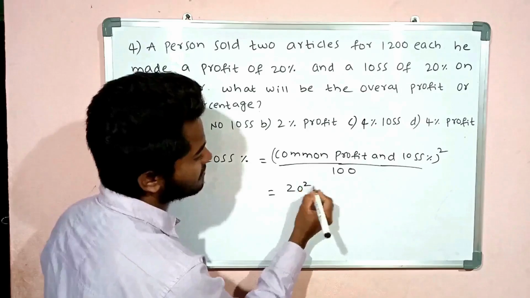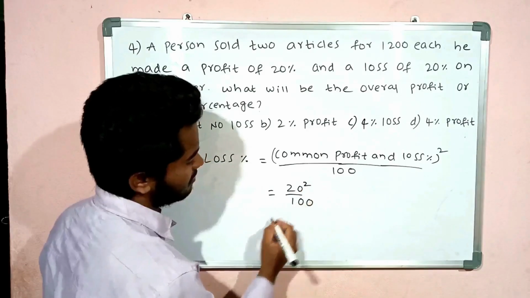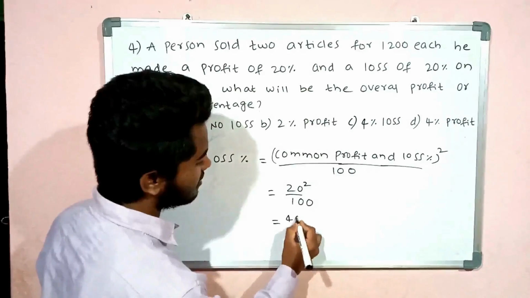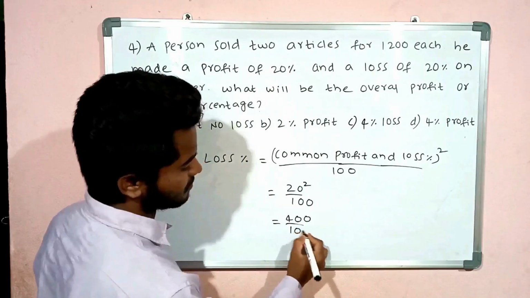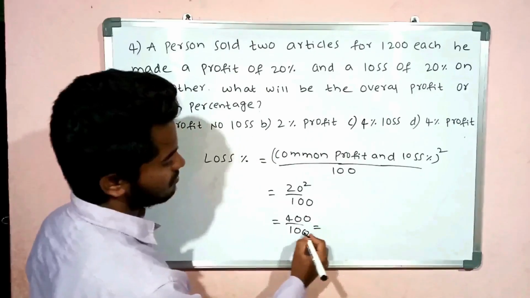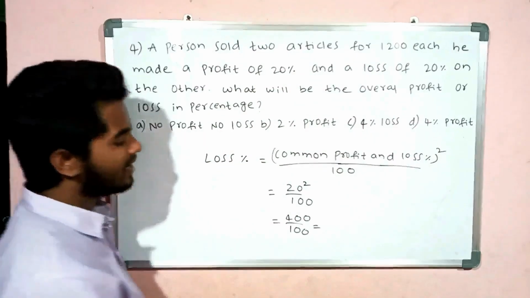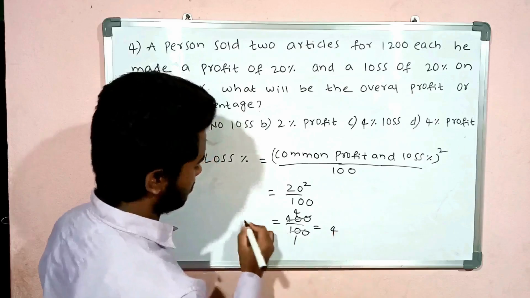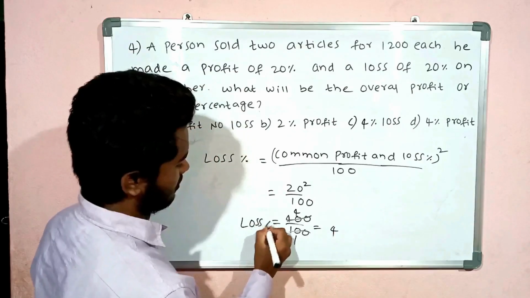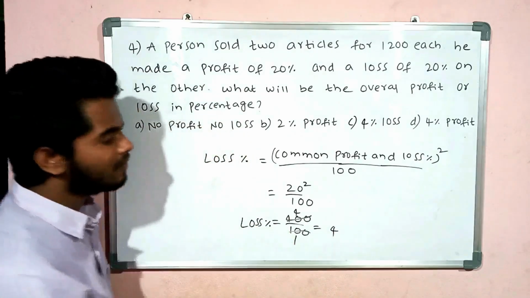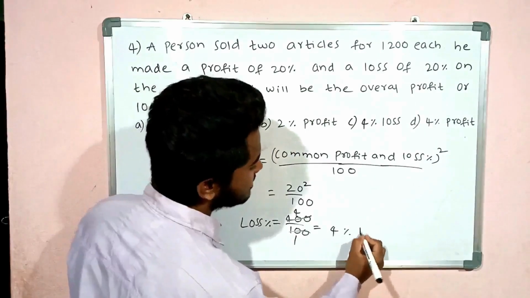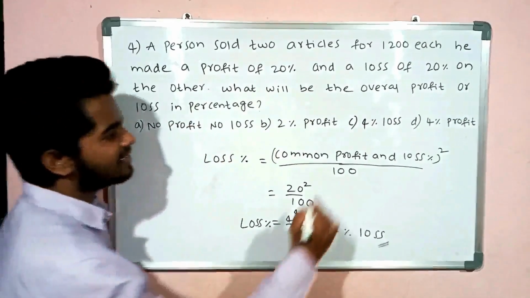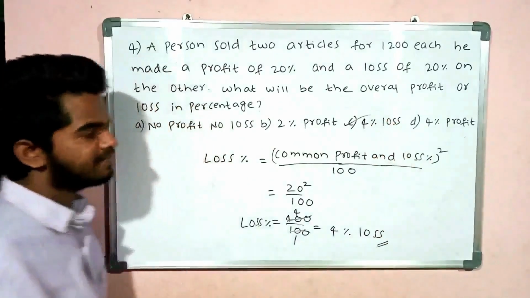So 20 square by 100. 20 square is 400 by 100. 100 one time, 100 4 times, equal to 4. Loss percent equal to 4. So answer is 4% loss. Option C.